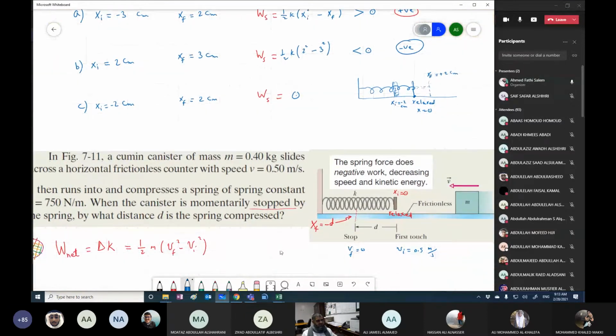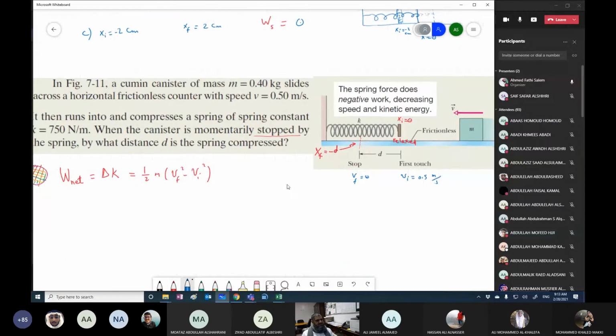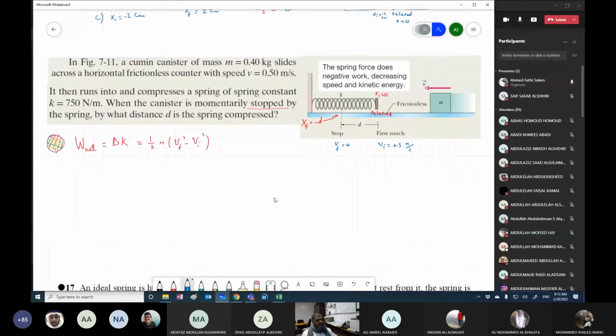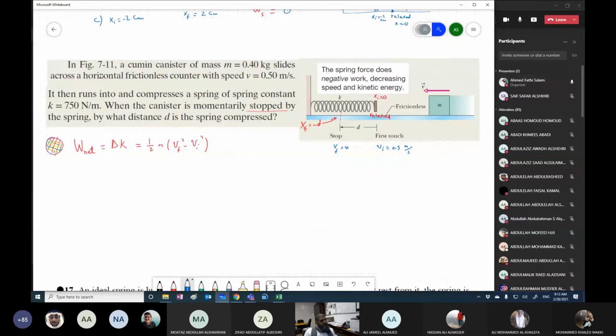Okay, let us take this problem from the book. Here in the figure, a block of mass 0.4 kilogram slides across a horizontal frictionless surface with a speed of v equals 0.5.